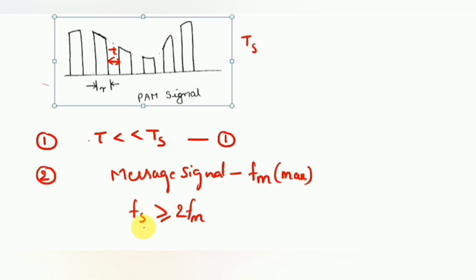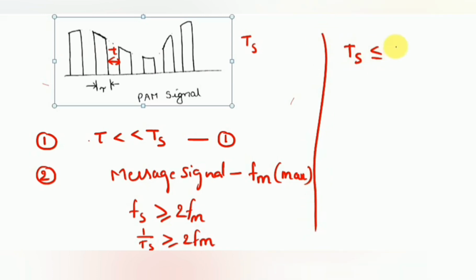Now we can write Fs in terms of the time period as 1 by Ts, which is greater than or equal to 2Fm. If you take the reciprocal, then Ts is always less than or equal to 1 by 2Fm. So this is the second case.